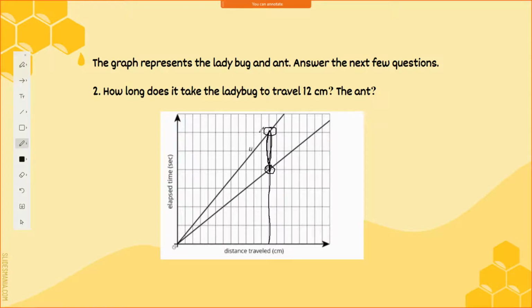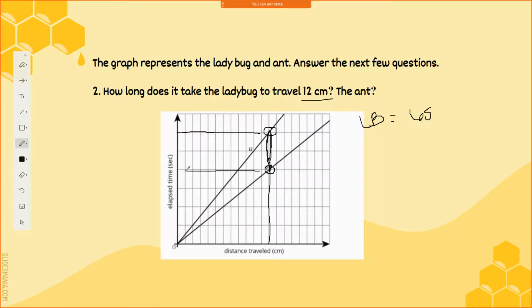Now to figure out the time, I just have to trace it across and count my time. So that's 1 second, 2 seconds, 3 seconds, 4 seconds, 5 seconds, 6 seconds. So for my ladybug, which is going to be LB, it took her 6 seconds to travel the 12 centimeters.